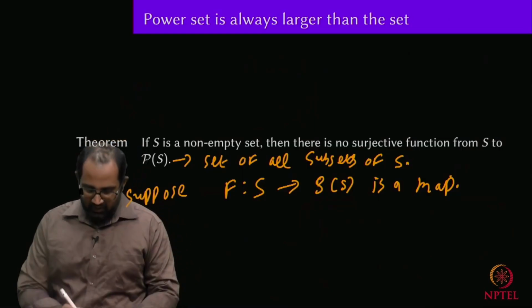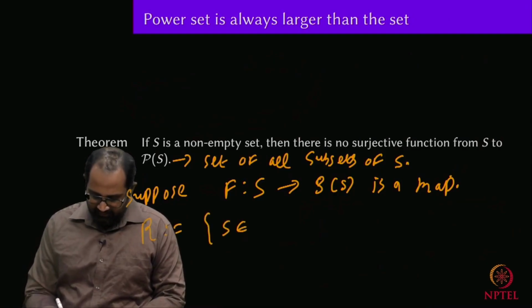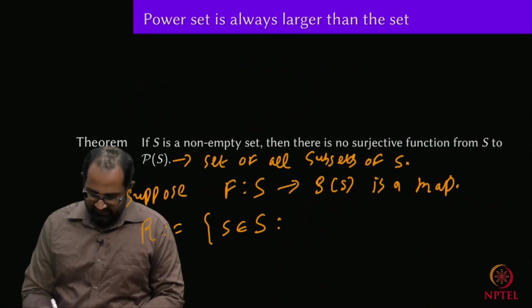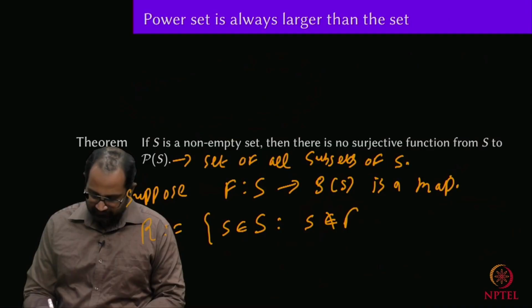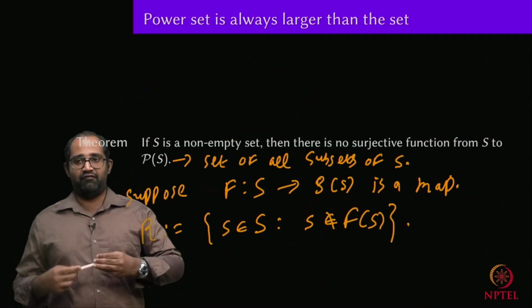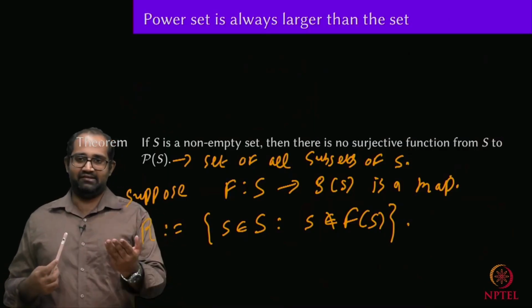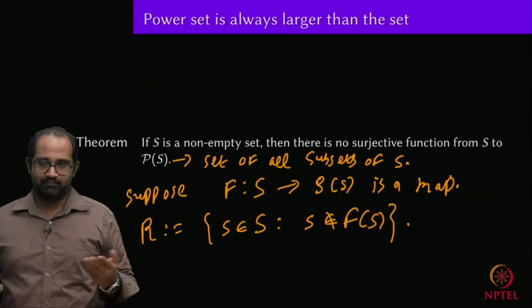I construct this special set R, which is by definition those elements s in S such that s is not an element of its image. That's a bit mind-blowing. What I'm saying is, f of s itself is a subset of S. Either s is there in that subset or s isn't.